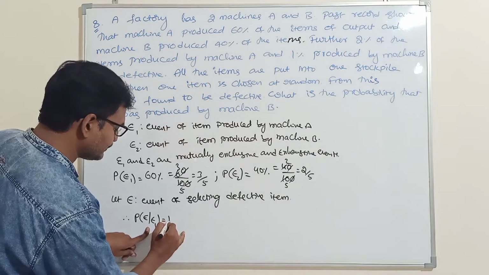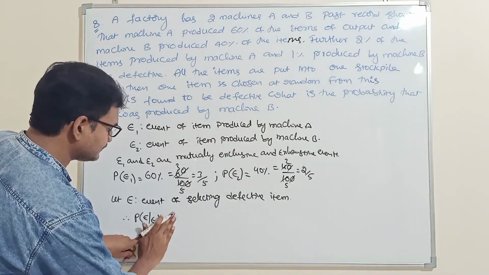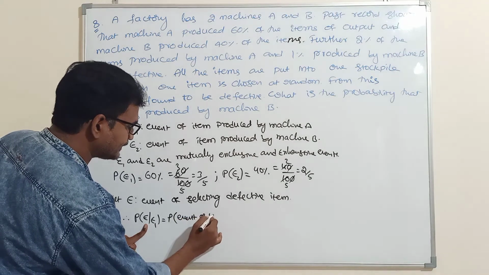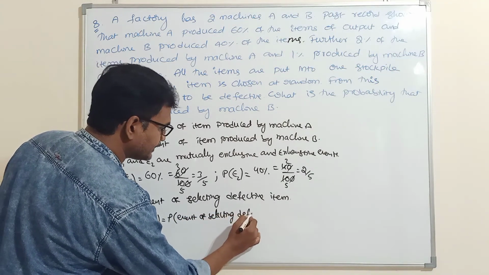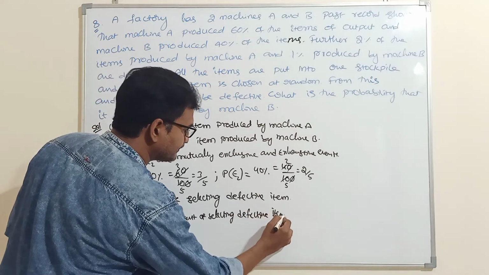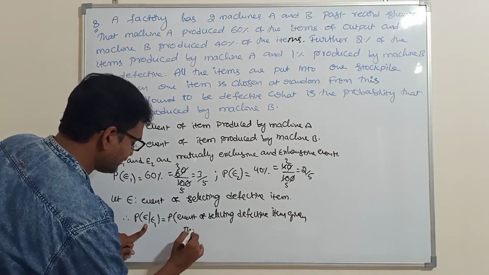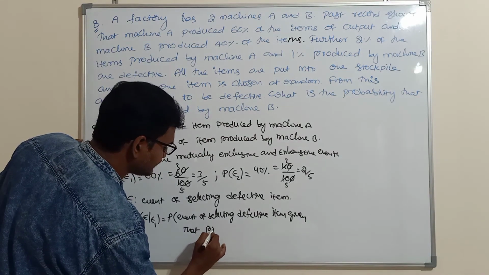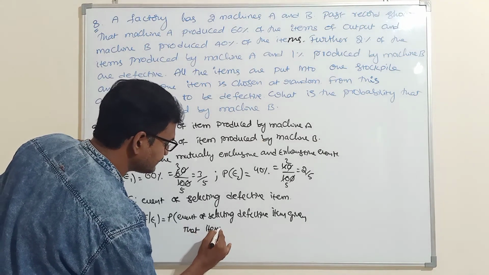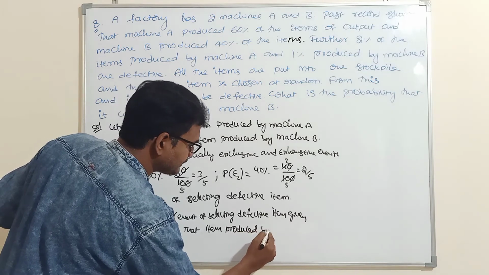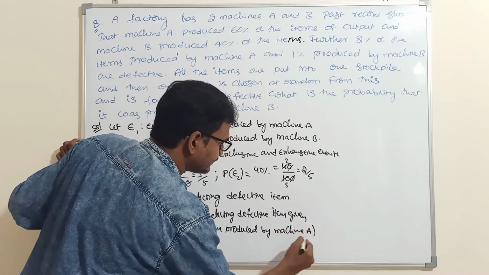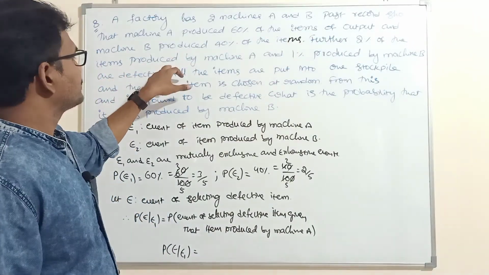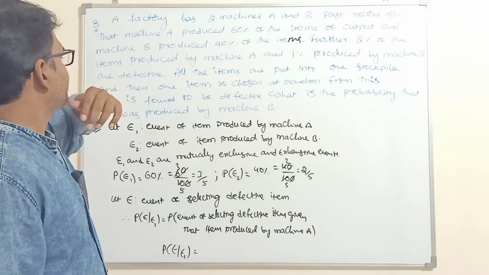That is the probability of the event of selecting a defective item given that the item was produced by machine A. This value is given: 2% of the items produced by machine A and 1% produced by machine B are defective.